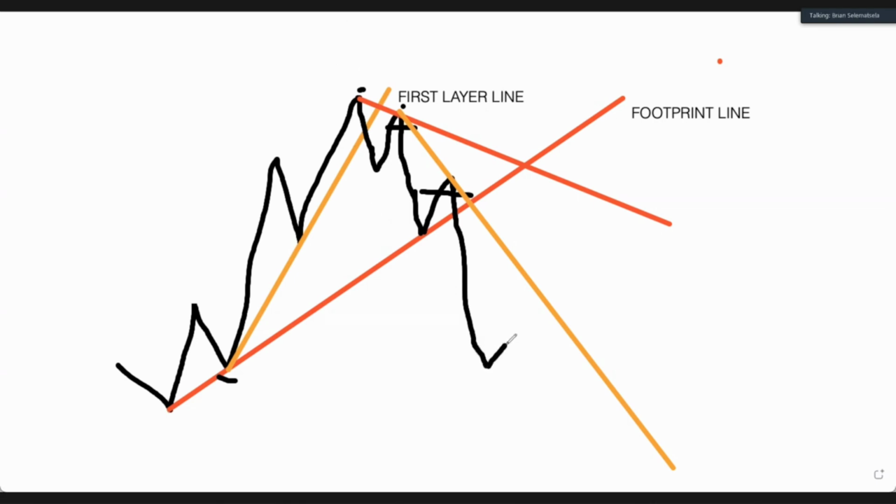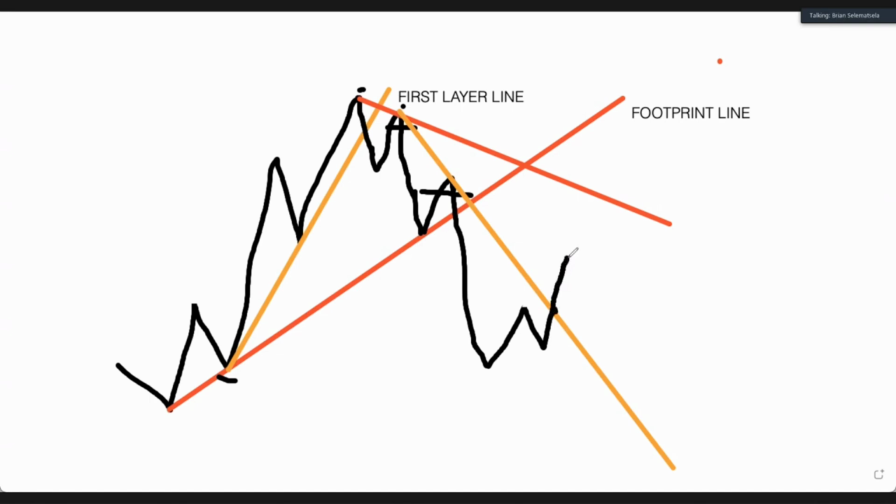Immediately that first layer gets broken, all the sell trades that you took using the divergence, you leave them. There's no need for you to keep on holding on to them. You simply leave them. After you leave them, you start focusing on the opposite direction.